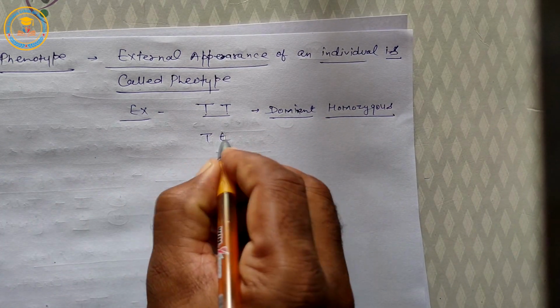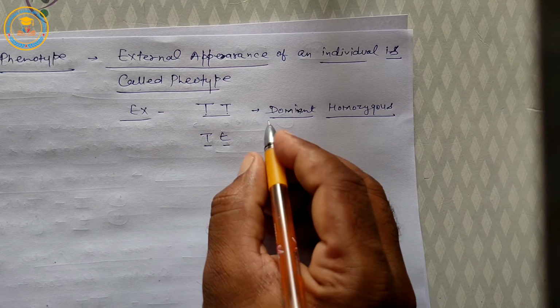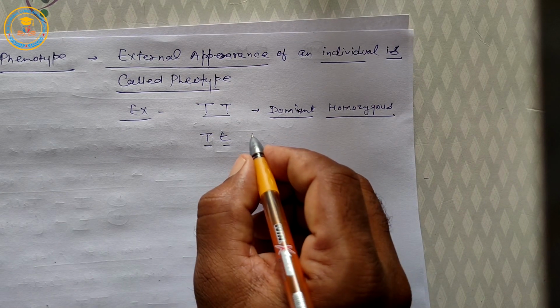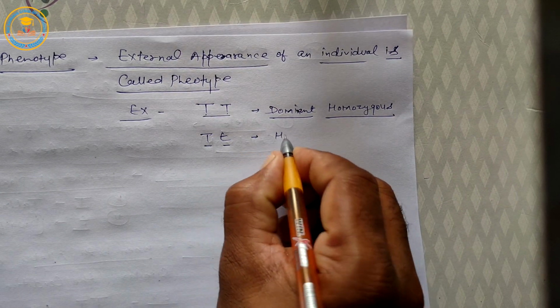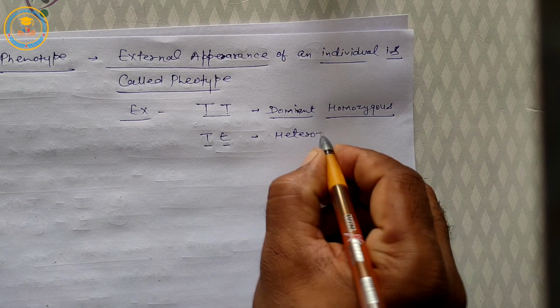Second is dominant and recessive, so it is called heterozygous.